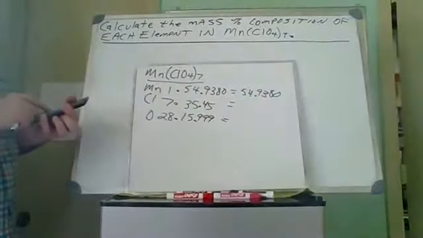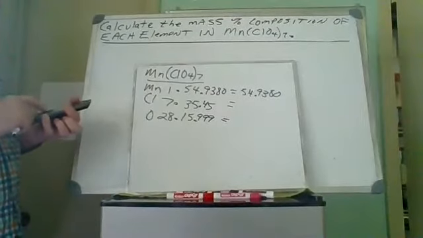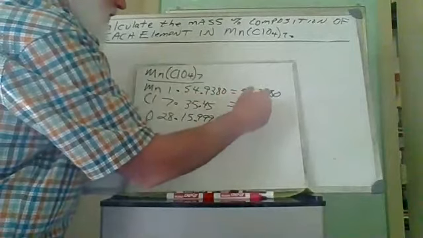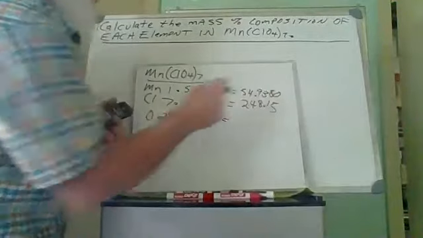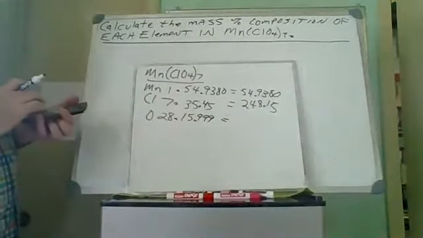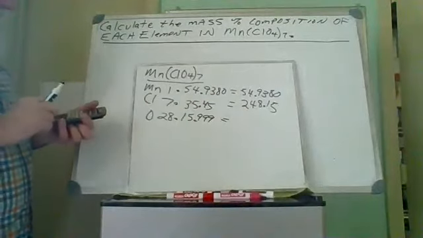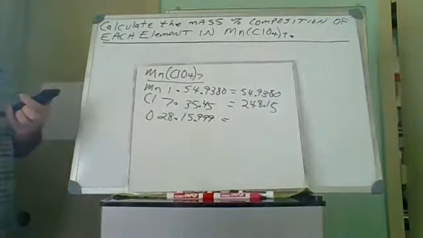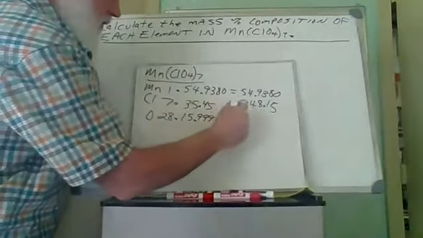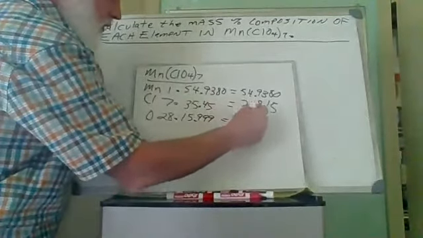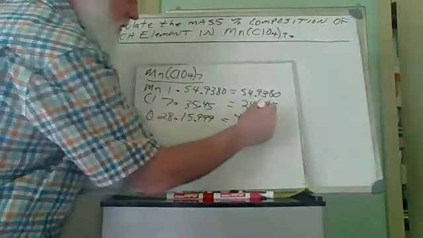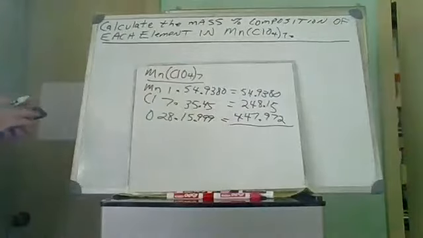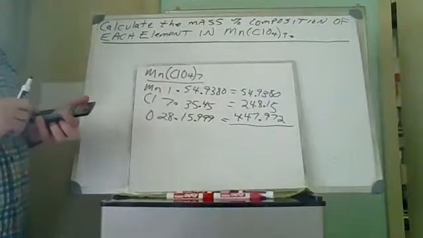All right, 7 times 35.45 equals 248.15 and 15.999 times 28 equals 447.972. Okay, so let's add these folks up. 54.